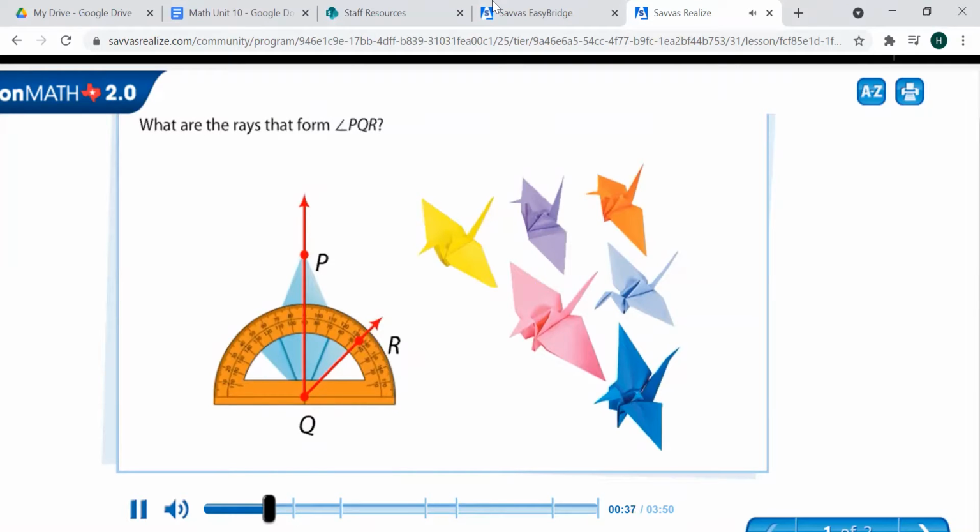What are the rays that form angle PQR? The rays that form angle PQR are ray QP and ray QR. What is the vertex of angle PQR?